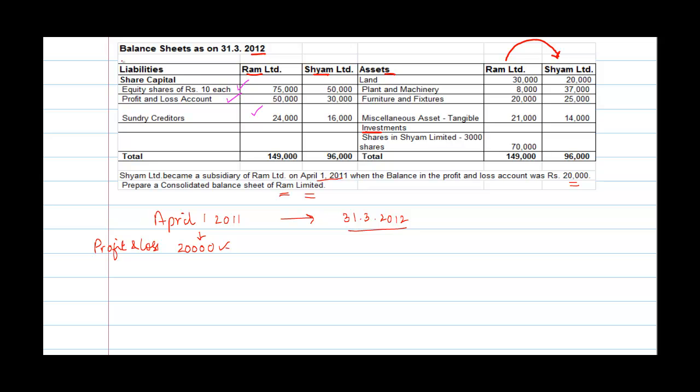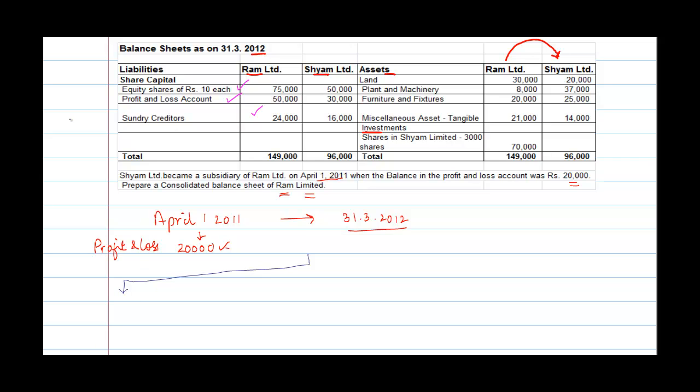Before we start, let me give you some understanding of how consolidated financial statements work. There are certain aspects that you need to bear in mind.